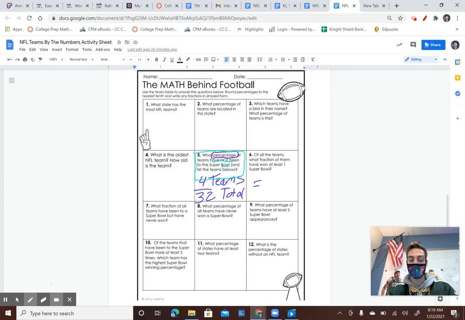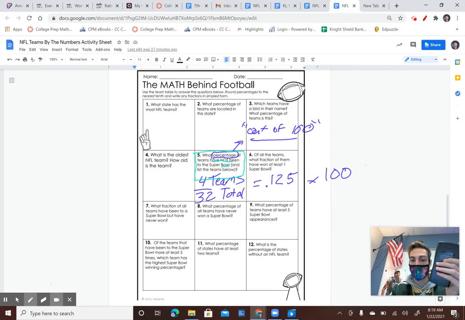4 divided by 32. That gives me 0.125. Now remember, the word percentage means out of 100. So what I need to do is multiply my decimal here, 0.125, by 100. So you could do that, right? You could multiply by 100 in your calculator, but here's a neat little trick.